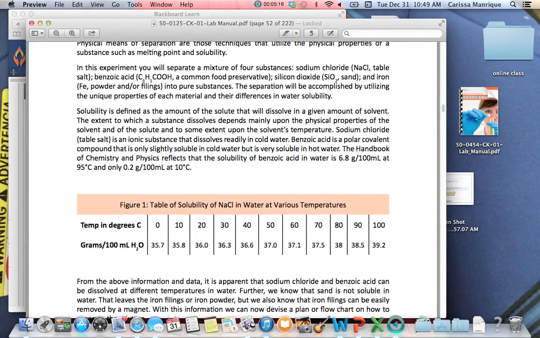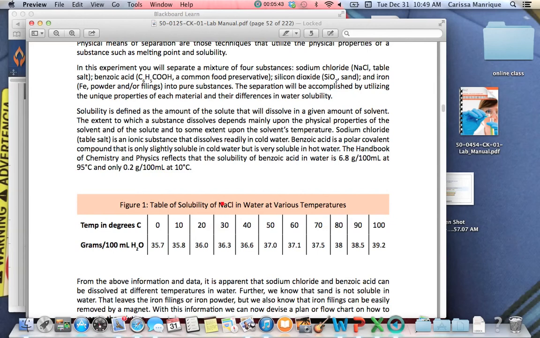So even though you don't know them yet, let's think about this. Salt, sodium chloride, and water dissolve together really well. You can see here, quite a bit of salt dissolves in water. The rule is like dissolves like, okay? So let's think about that again. Sodium chloride dissolves well in water, so that means sodium chloride is like water.